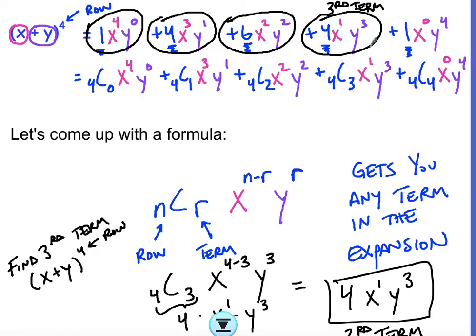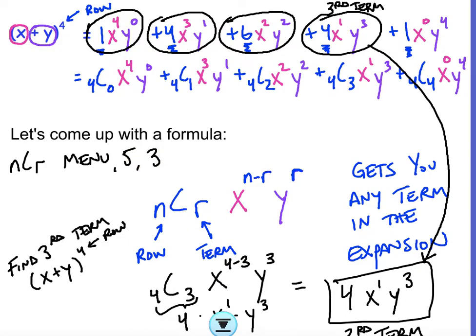And you see that that is what we got here. Okay? So if you're ever told to find a specific term, you certainly can write the whole thing out and then count 0 term, first term, second term, third term, etc. Or you can use this formula, which is going to fast track you just to whatever term you want. Did you write down the N choose R in your calculator? Was menu 5 3.